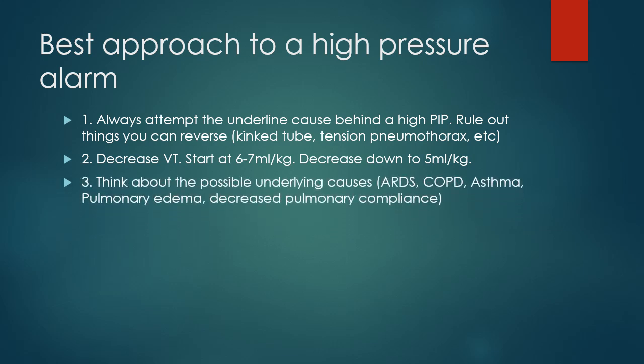And then if I do the first two things and it's still not correcting the high pressure alarm, I need to start thinking about underlying causes. Why did I intubate this person? Do they have acute respiratory distress syndrome, where the lungs are all inflamed and they have decreased compliance? Is this a COPD asthma patient where I'm going to have increased airway resistance? Does this patient have pulmonary edema, and that's why I'm having a high pressure alarm?